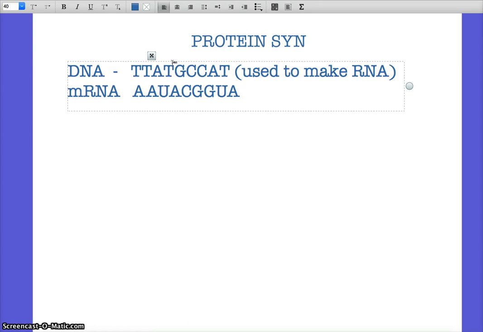Now, who could tell me how many codons are in this mRNA? Raise your hand. Who could tell me how many letters make up a codon? 3. Where are codons found? mRNA.